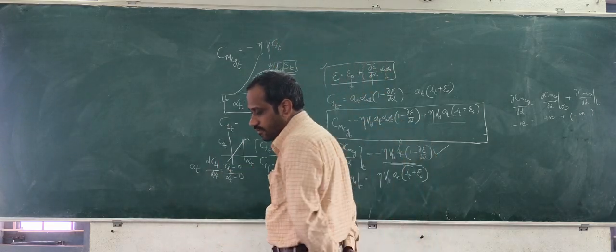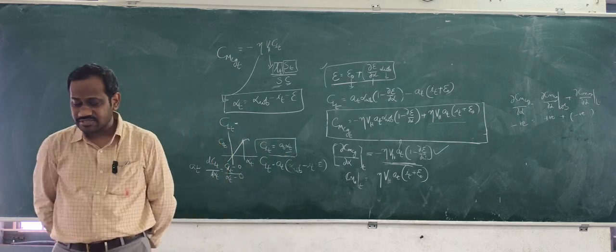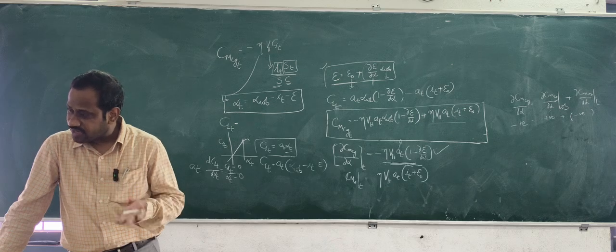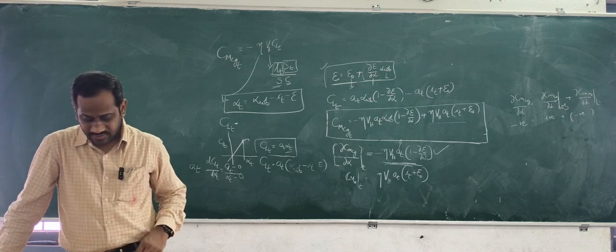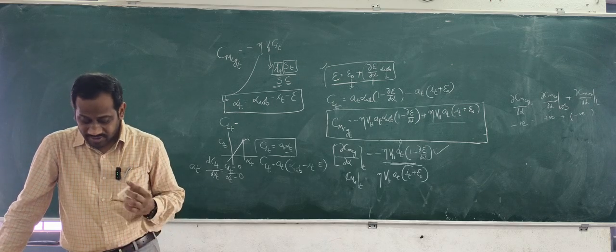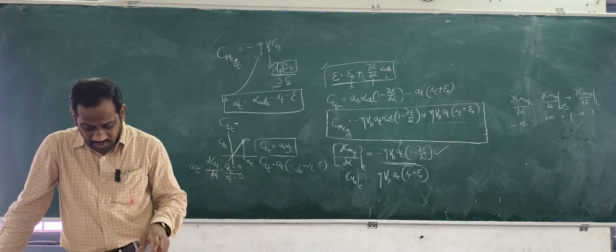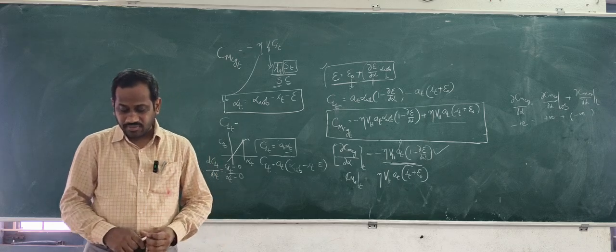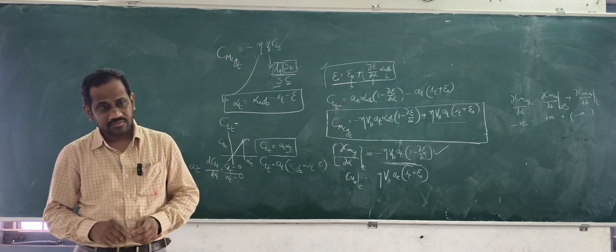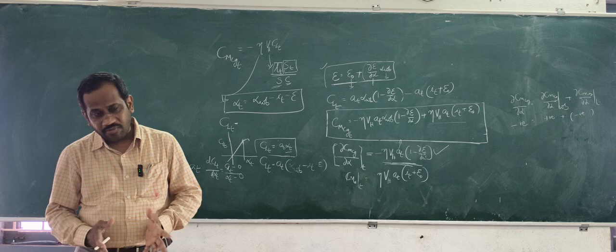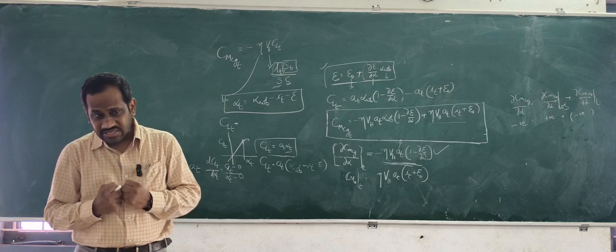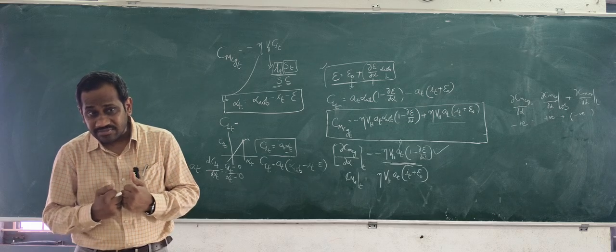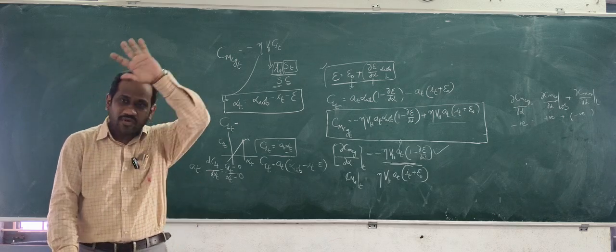The conclusion is a tail surface located aft of the wing can ensure that the aeroplane has positive Cm naught and negative dou CMCG by dou alpha for the whole aeroplane.